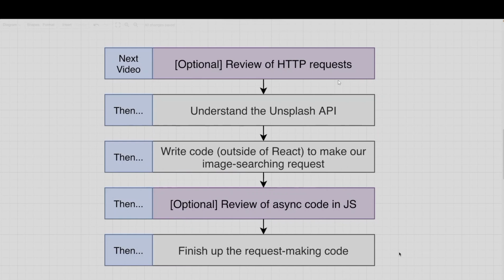And then we are going to give a review of asynchronous code in JavaScript, or you can say in short async code in JavaScript, which is going to be very important, and we are going to learn it in the future lectures. And then we are going to finish up the request making code. There are obviously many more things other than these, but this is a basic layout of what we are going to understand in the next 4 to 5 lectures.